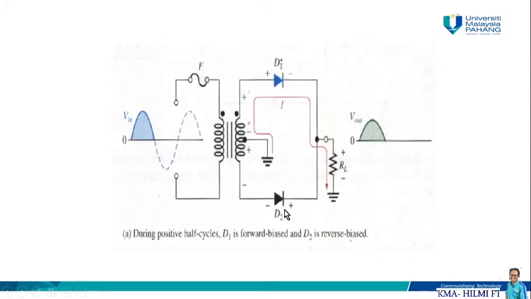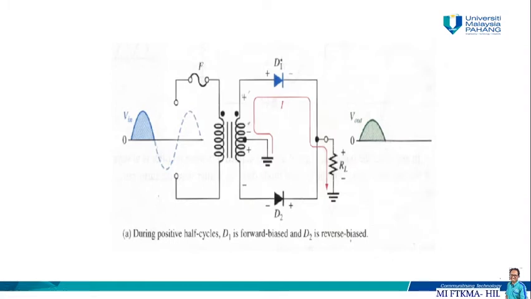But for the diode D2, it will be negative, plus. So it will not flow into D2, but it's going to flow to D1, because diode 1 is forward biased and diode 2 is reverse biased.